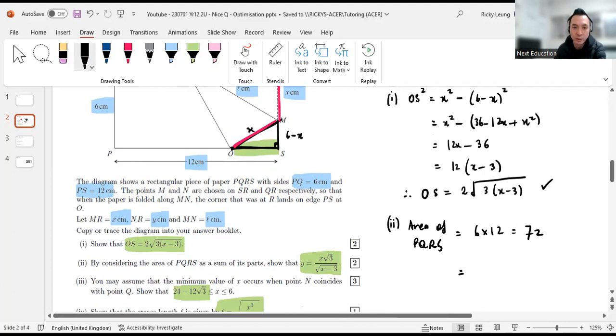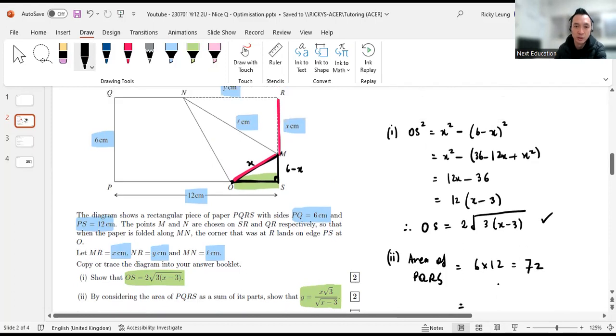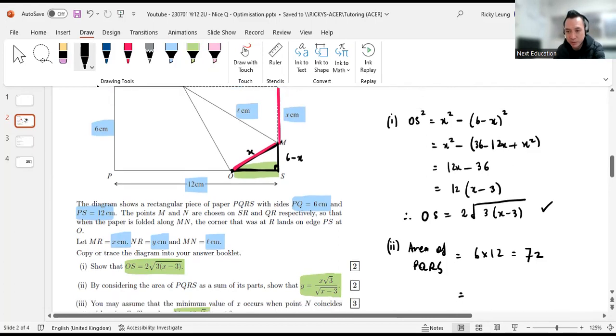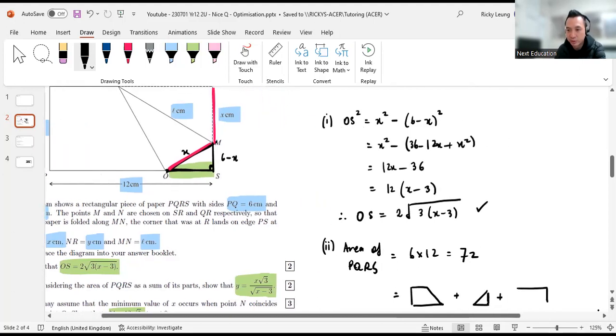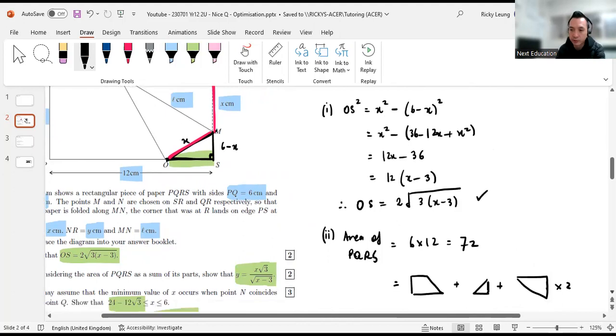If you wanted to do full working you'd go PQ, but I'll go trapezium. I always do this with my students, I just like to draw the shapes. Trapezium plus small triangle plus 2 of these bigger ones, because they're identical, so times 2.